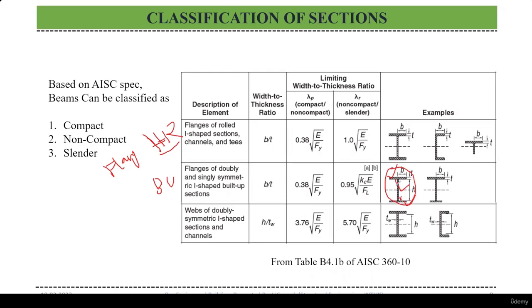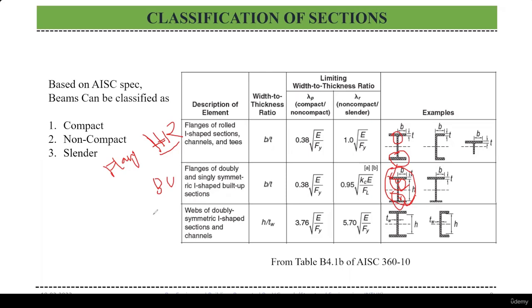Right? So this section can be called a built up section. If you closely observe, the hot rolled sections have curved edges here, because they are cast in a mold. Whereas the built up sections are manufactured by using different plates, so they will have sharp edges here. That is the major difference you can observe. And the cold formed section is the other one you have to learn.